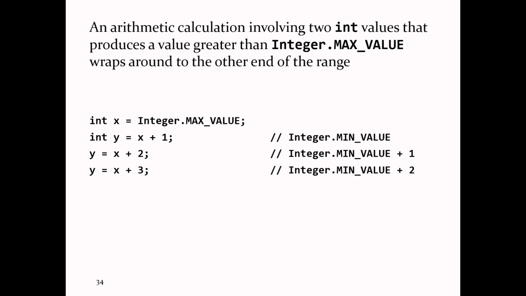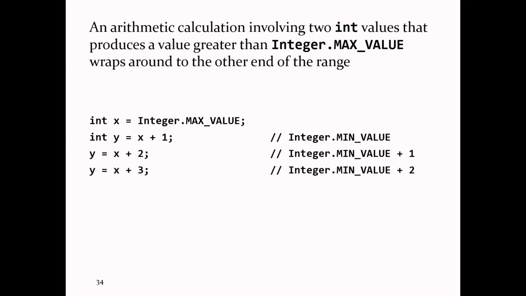Now, what happens? There's a minimum and a maximum value. So if I perform some sort of arithmetic with 2 int values, and the result does not lie within the range integer min value and integer max value, something has to happen, right? And so if you perform an arithmetic operation and that produces a result greater than integer max value, all that happens is that it wraps around to the smallest value.